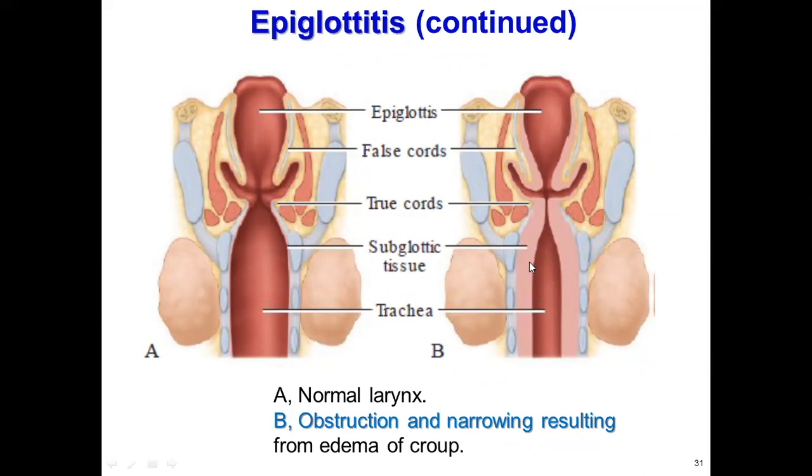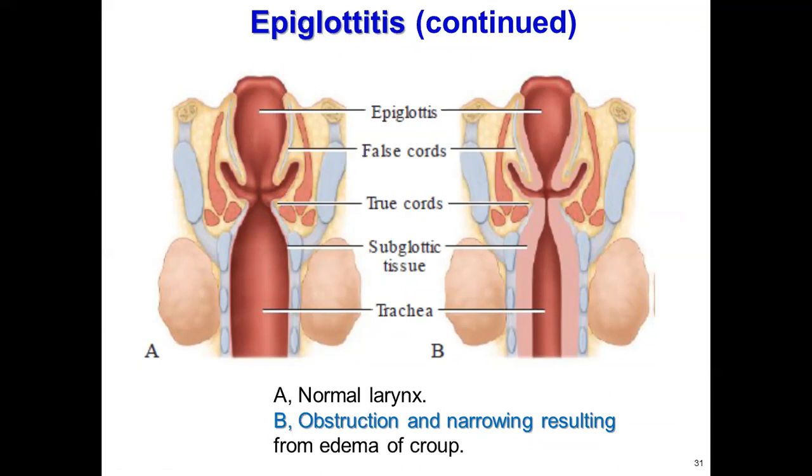When inflamed, too much secretion makes the pathway narrow and obstructed, no air going in or out. Obstruction and narrowing of the respiratory pathway result from edema and croup, right?